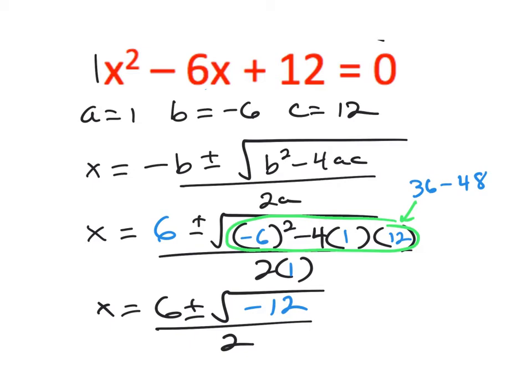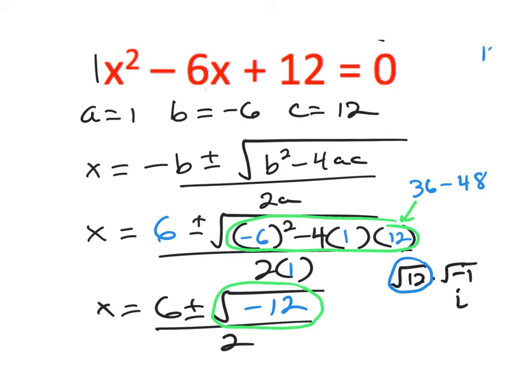And so once we get to this stage, your real focus is just simplifying that radical symbol involving a negative number, which means we're going to involve i here. So the first step is we can split that square root of negative 12 as the square root of 12 times the square root of negative 1. We know the square root of negative 1 is i, but now it's really about simplifying the square root of 12 down, breaking that down to its most simplified form.